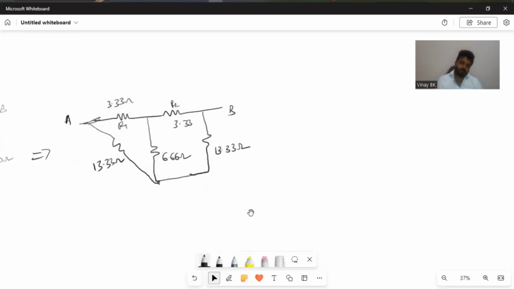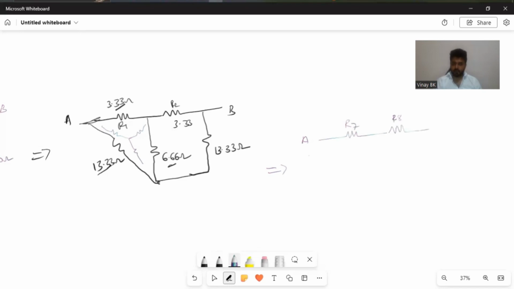So now we can see this R1, that is 3.33, 6.66, 13.33 are in delta. We need to transform this into star. You can get star values like this. In between there is one resistor, again in between here one resistor, here we get one resistor. So now the circuit looks like this. From A, you have R7, R8.